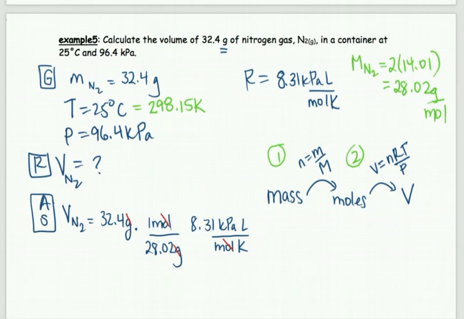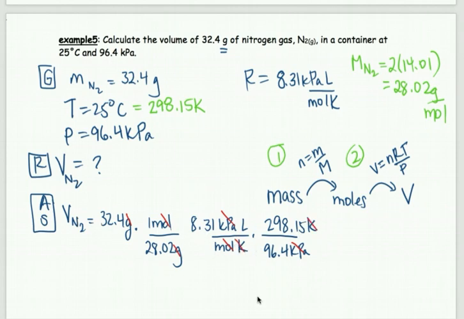Now we are going to get rid of kilopascals and kelvins. We're going to divide by the pressure, 96.4 kilopascals, which gets rid of the pressure unit, and then we need to get rid of the kelvins, so I'll stack the temperature up here. Those are gone, and that leaves me liters.